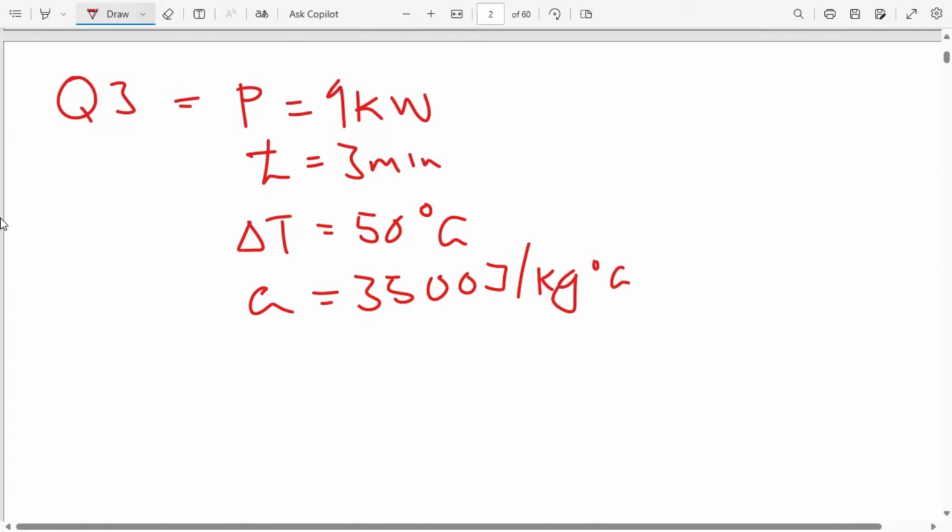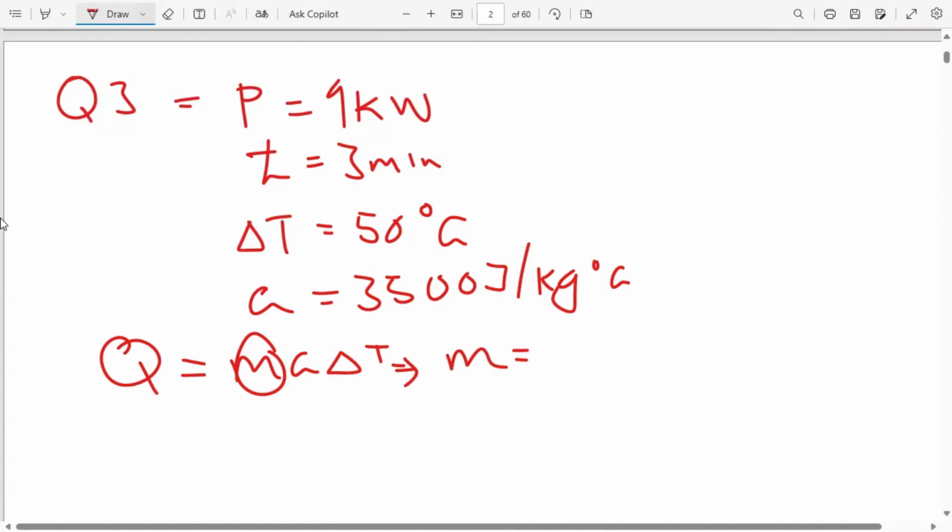So what are we going to do? We're going to bring in our formula for heat absorbed, Q equal to MC multiplied by delta T. We're looking for mass, so we'll make mass the subject of the formula. Our mass will be equal to Q divided by C multiplied by delta T.